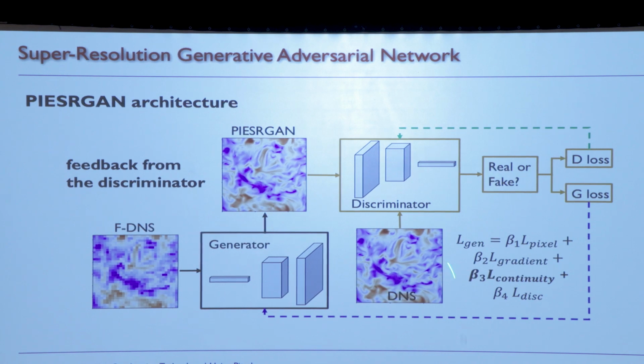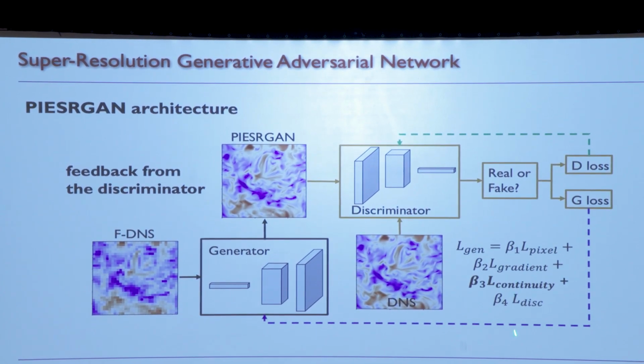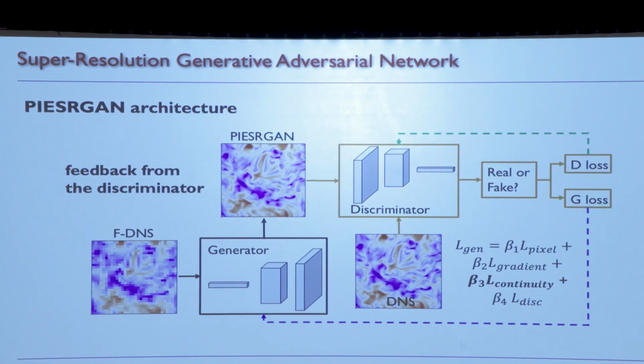Of course, the DNS satisfies continuity. After we generated the fake image, we evaluate continuity on this, and it also contributes to the loss function. So we call this a physics-informed training because it will satisfy continuity at the end of the day. And of course here again the generator loss function also has information from the discriminator.